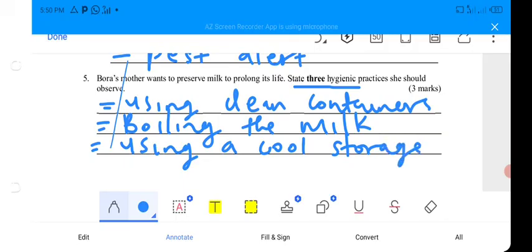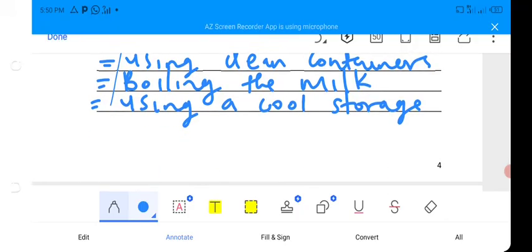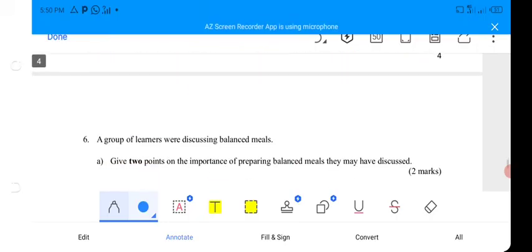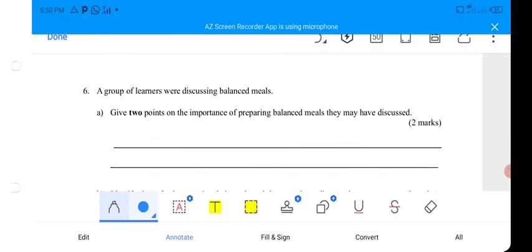So all these hygiene practices will make sure that the milk maintains its life, or its shelf life is prolonged. Question 6. A group of learners were discussing a balanced meal. Give 2 points on the importance of preparing a balanced meal they discussed.